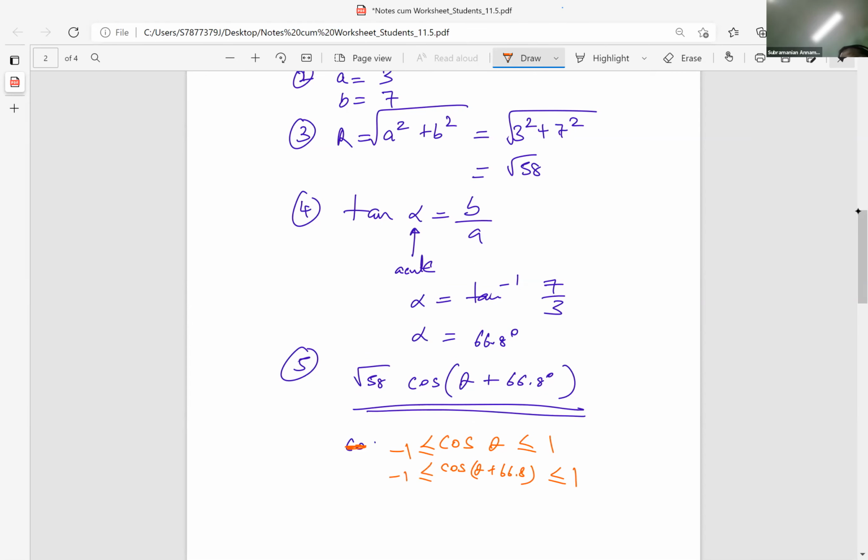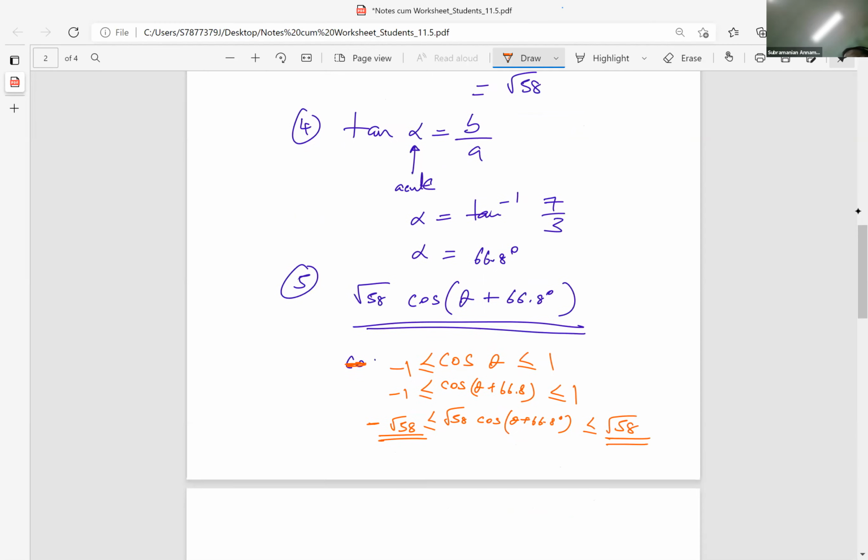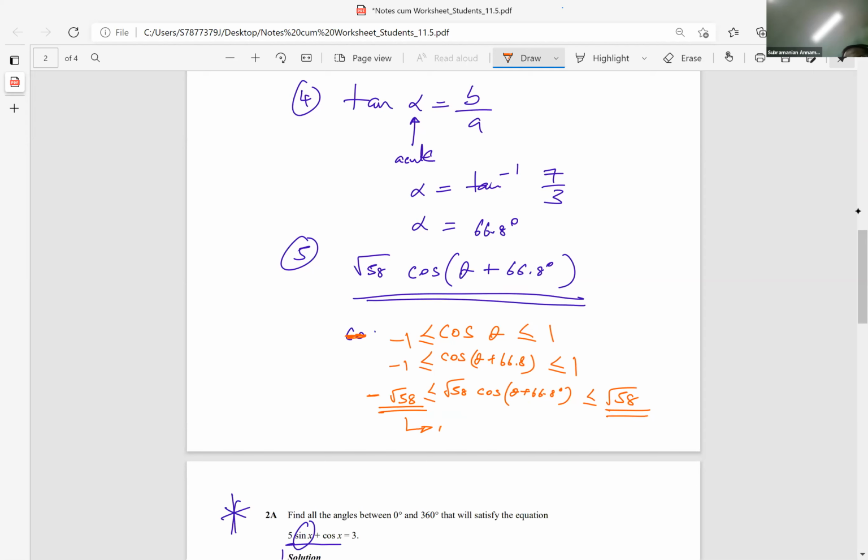But something changes when I times the square root 58. What will be my new values, guys? Do you get this? So this is your minimum value. This is your maximum value. Basically, this is what you need to find. Are you with me, guys?